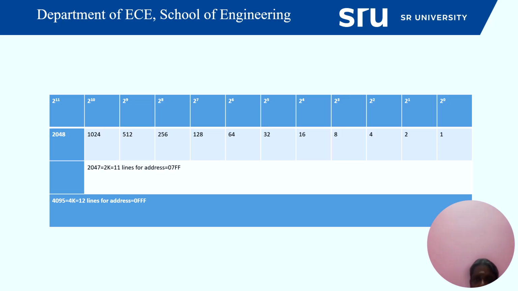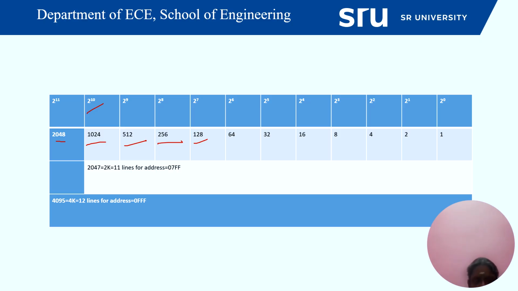And here the values are 2 power 0 is 1, 2 power 1 is 2, 4, 8, 16, 2 power 5 is 32, 2 power 6 is 64, 2 power 7 is 128, 2 power 8 is 256, 2 power 9 is 512, 2 power 10 is 1024, and 2 power 11 is 2048.